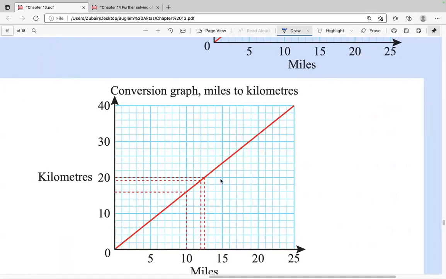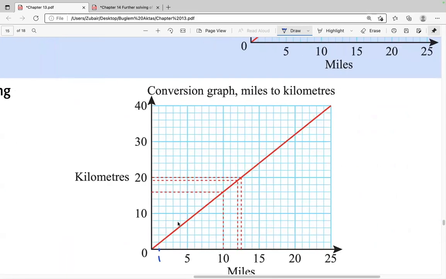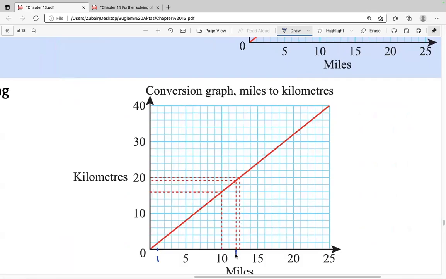Now, when we talk about 12 in this case, on the x-axis, one box is equal to 1 unit each. So it is not difficult to read 12 on the x-axis. I just have to reach the 12th mark. So this is 12 miles. So we go vertically upwards and then horizontally to the left-hand side.